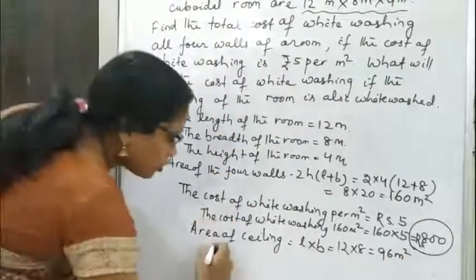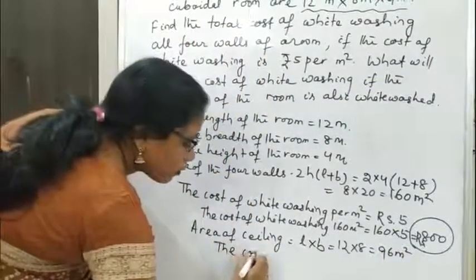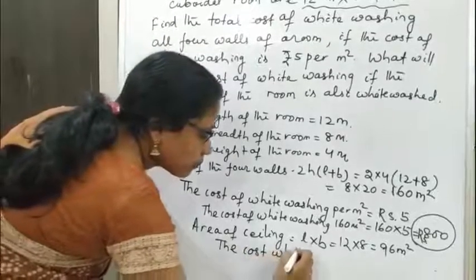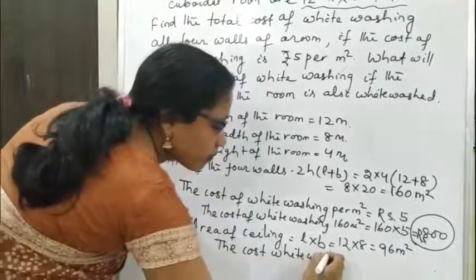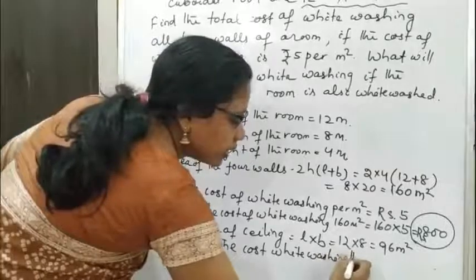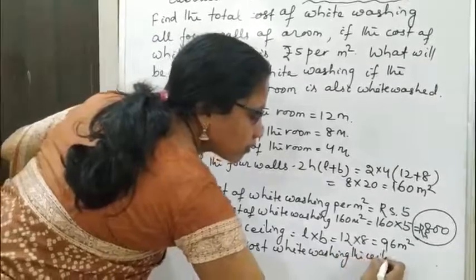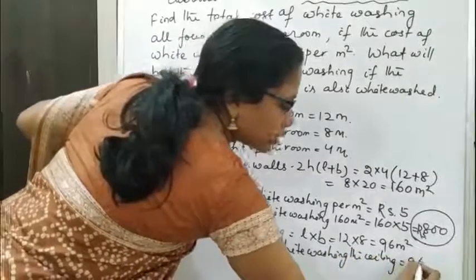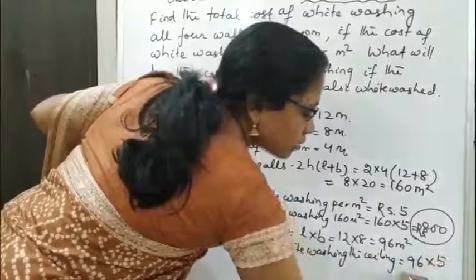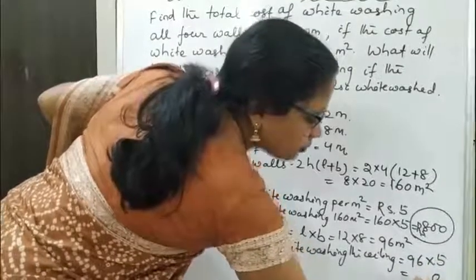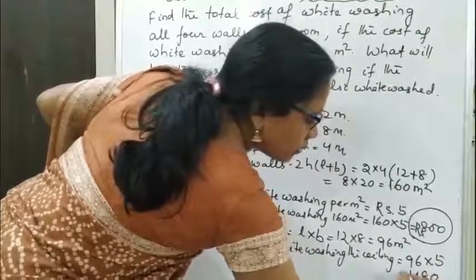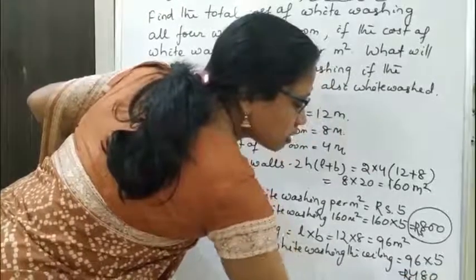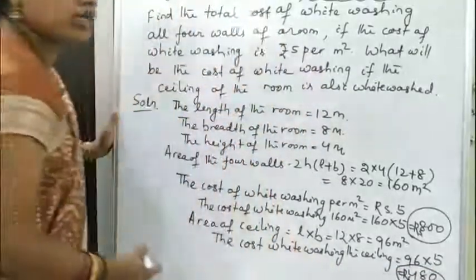So the cost of whitewashing the ceiling is equal to 96 into 5. So that is equal to 480 rupees. So this is the cost of whitewashing the ceiling.